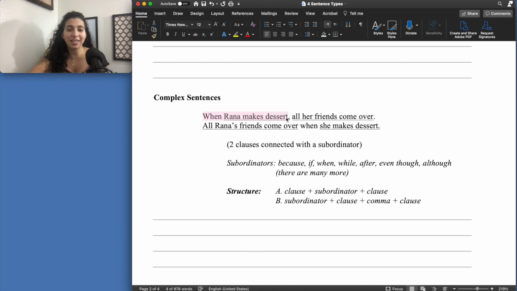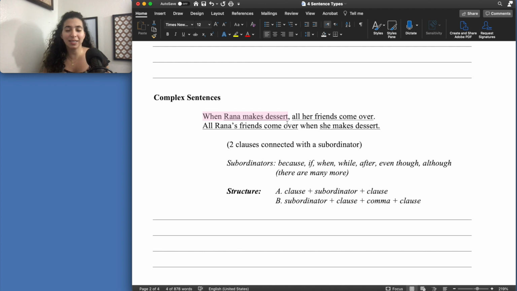It doesn't make sense if I say when Rana makes dessert. Okay? So we have to add more to it. When Rana makes desserts, all her friends come over. Now it makes sense, because what happens when she makes desserts? All the friends come over. So we have more information.